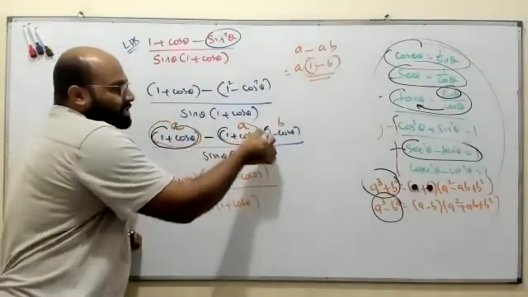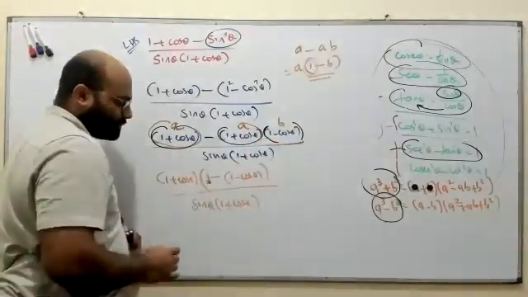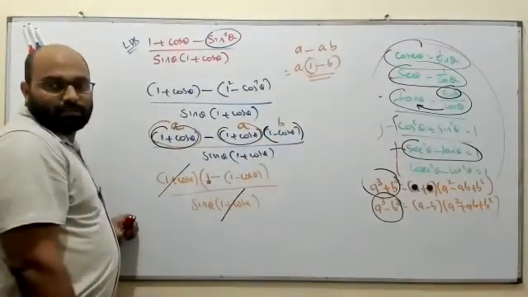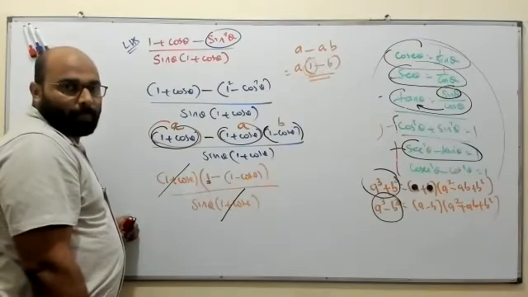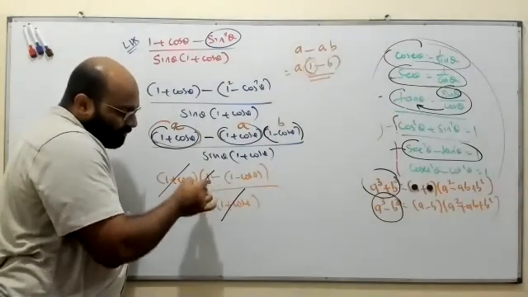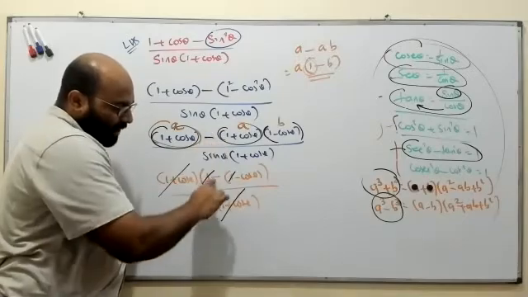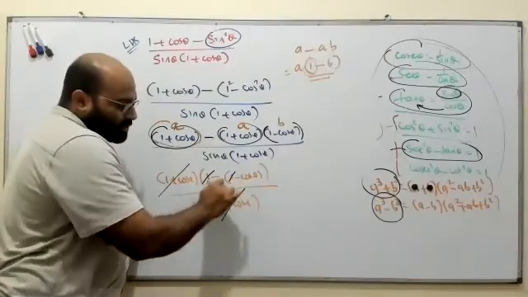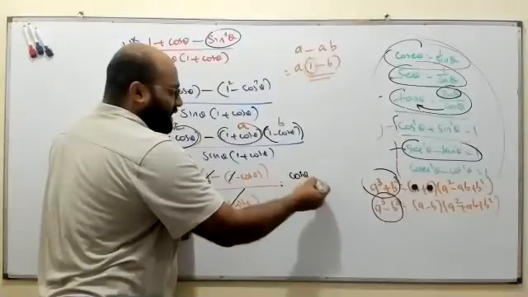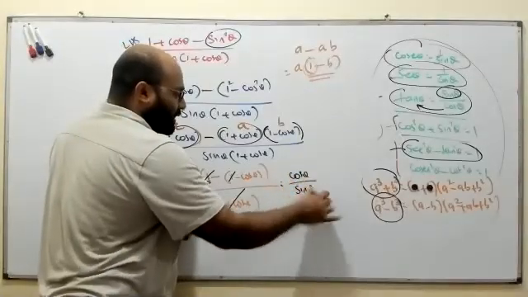Minus of the balance term, 1 plus cos theta, and the 1 plus cos theta in the denominator you can cut. Opening the bracket, 1 and 1 cancel because 1 minus 1, and minus minus is plus. So you get cos theta divided by the denominator sine theta.